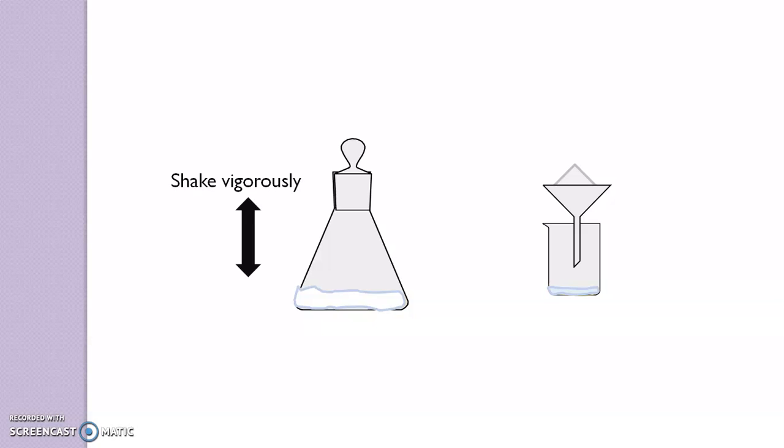Recrystallize this crude product from hot alcohol, filter, then collect these crystals and take the melting point. So this is the procedure for the synthesis of benzanilide from aniline.